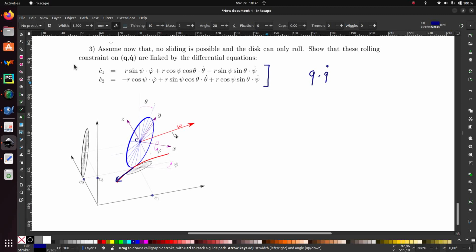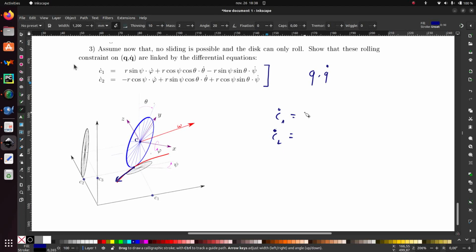First, we need to understand that C1 dot and C2 dot are linear combinations, and can only change if the angles are changing. So they depend linearly on phi dot, theta dot, and psi dot, the derivatives of the Euler angles. If the Euler angles are static, then the point C will not move.